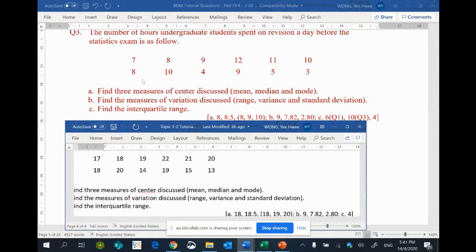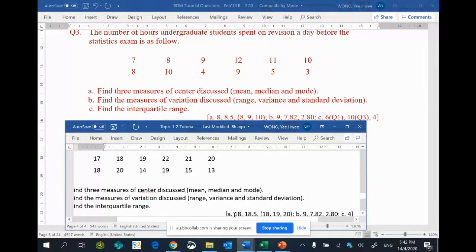If I were to give you, let's say I add 20 here, it now becomes 27, 28, 29, then 32, 31, 30. This one is 28, 30, 24, 29, 25, 23. So I add another 10 to each, right? What would be the mean?